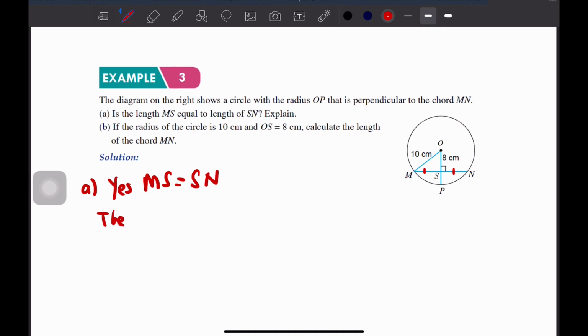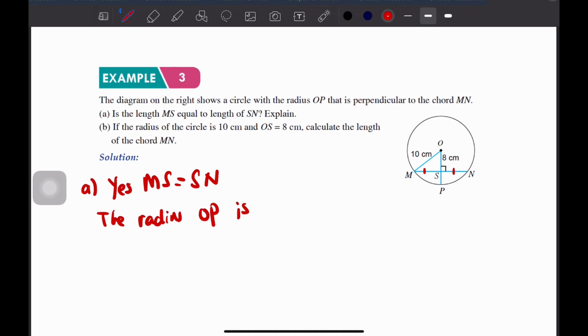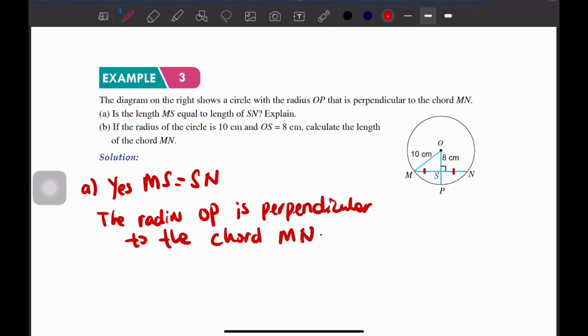Because the radius OP is perpendicular to the chord MN.